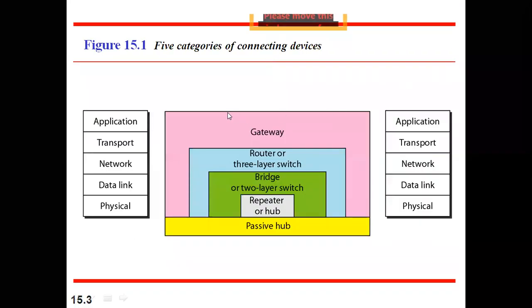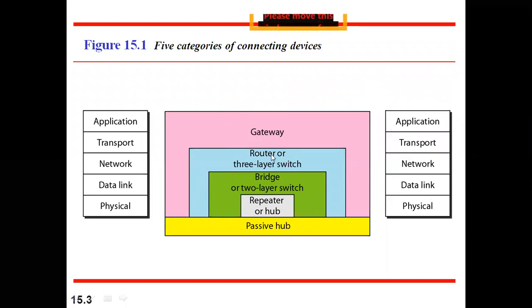Next, we'll see the router. A router is also a switch, but it is a 3-layer switch. Now, a bridge will make use of the MAC address to decide in which port the frame has to be forwarded, whereas a router makes use of the IP address.